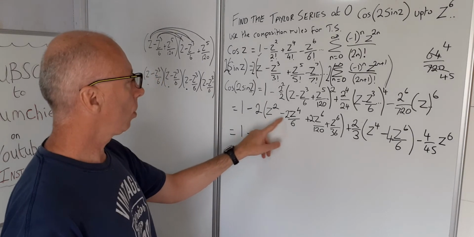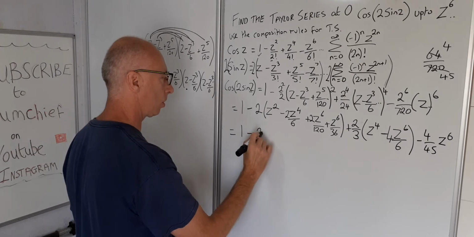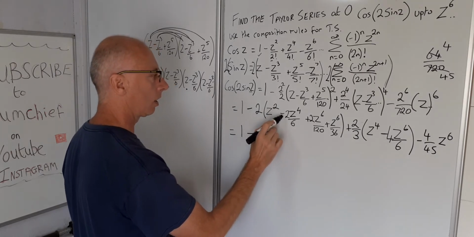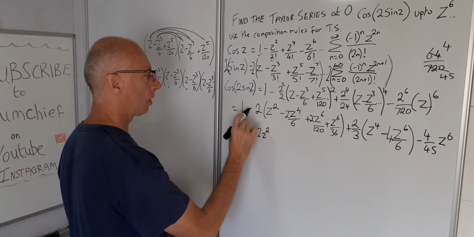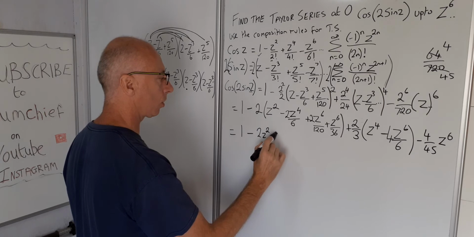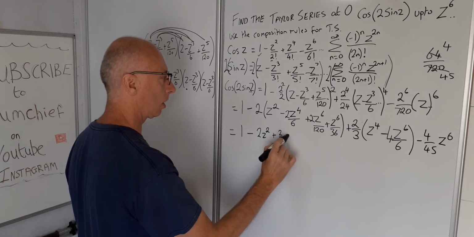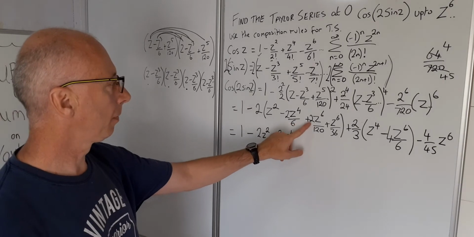So let's distribute the 2 into all these terms here. So that's going to give us minus 2z squared. 2 times this, that's going to give us minus 4 times minus will give us plus, plus 4 over 6, that's plus 2/3 z to the 4. So that's that one.